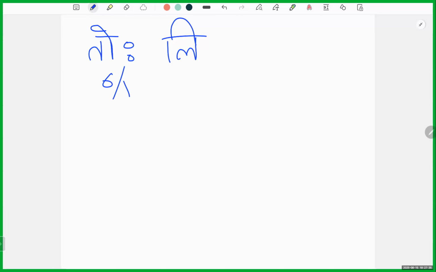Li means what? Case you should be able to tell me. When Lakara follows Li, 7th case, right? Lakara 7th case is 7-1. Li. So now what do you know? What is the Sthani? Tavarga letter is Sthani. When what follows? Li follows. What is the Adesha?